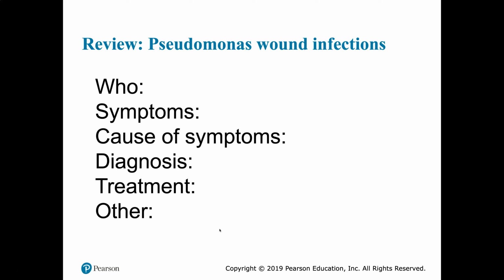The signs and symptoms, so this is a wound. The really big one is the blue-green pus. Remember I mentioned pyocyanin, a green pigment that can occur. We call it blue-green pus when we see the infection.